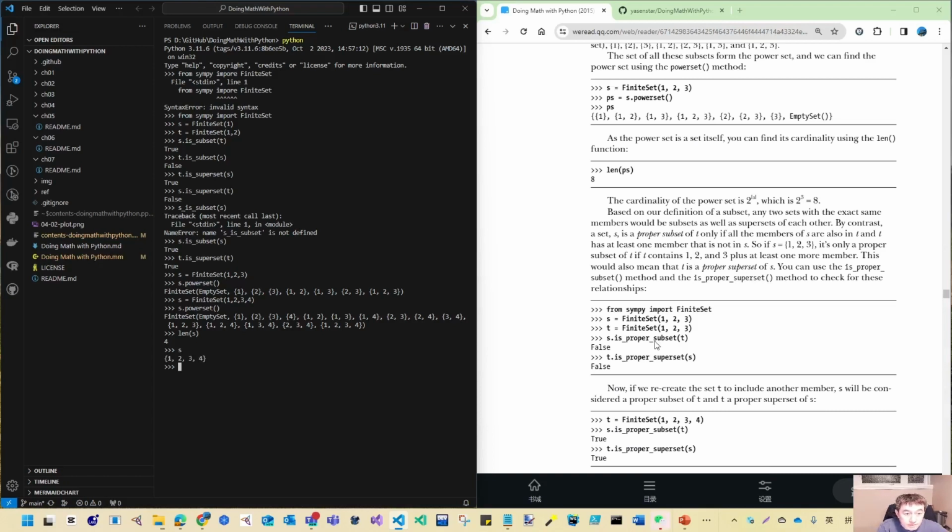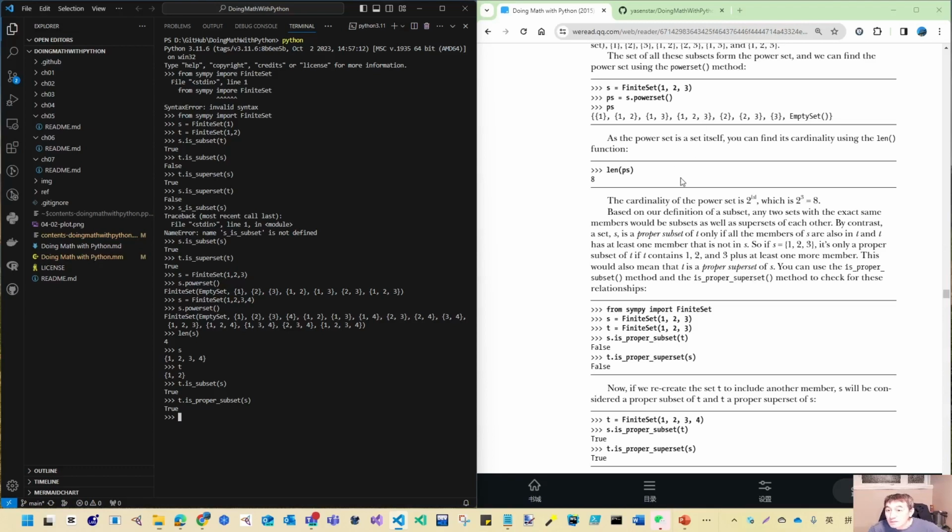And then we will see the proper subset. So S is 1, 2, 3, 4, 5. T is 1, 2. Now T is vice versa. T.is_subset(S) is true. T.is_proper_subset(S) is also true.